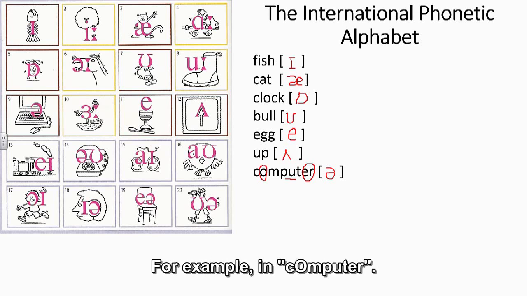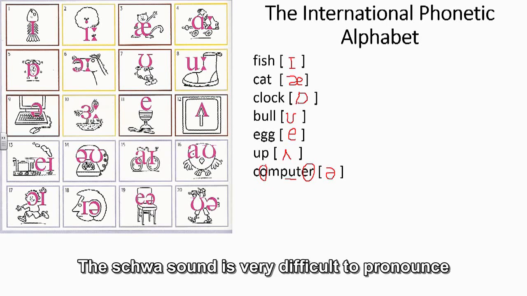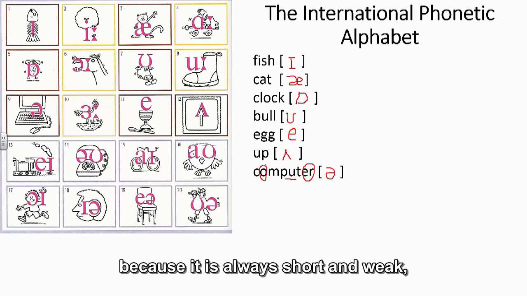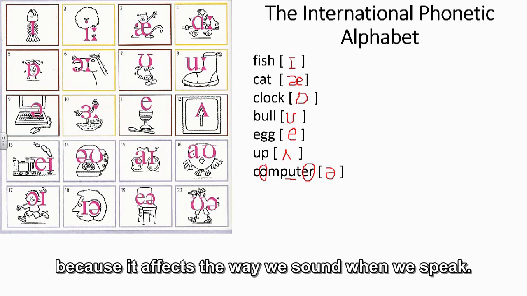For example, in computer, this one is also schwa sound. The schwa sound is very difficult to pronounce because it's always short and weak. But it's very important because it affects the way we sound when we speak.